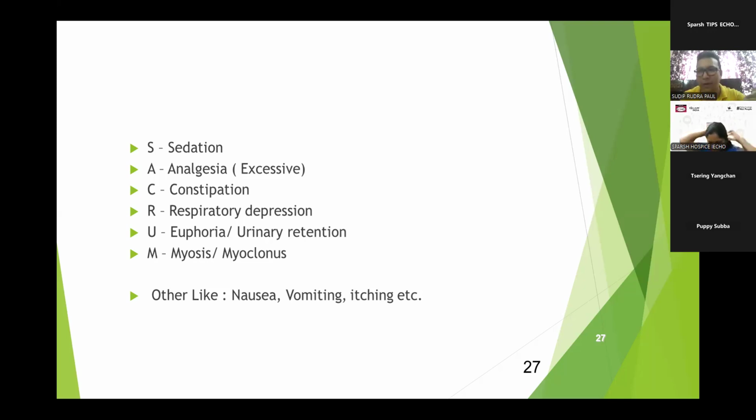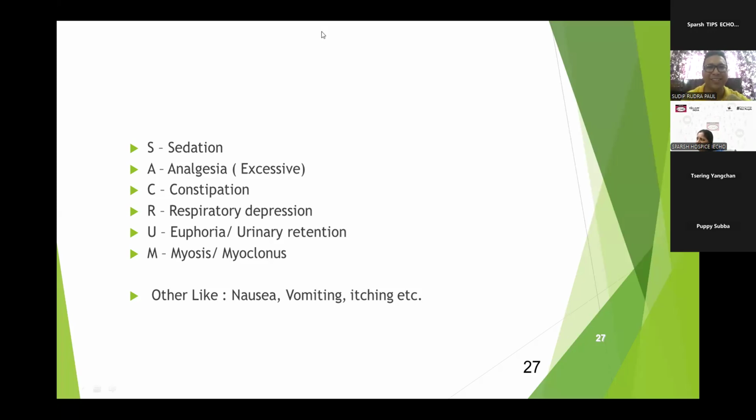Next, respiratory depression. If we see the respiratory depression, one more question: at which level should I say somebody is having respiratory depression? At what respiratory rate will I say the patient is going to develop respiratory depression?